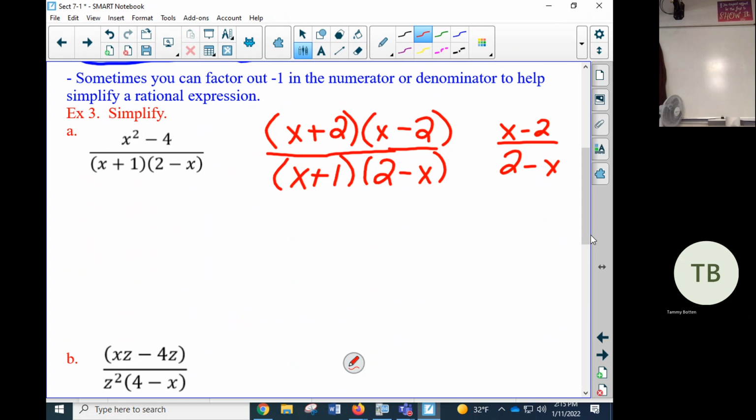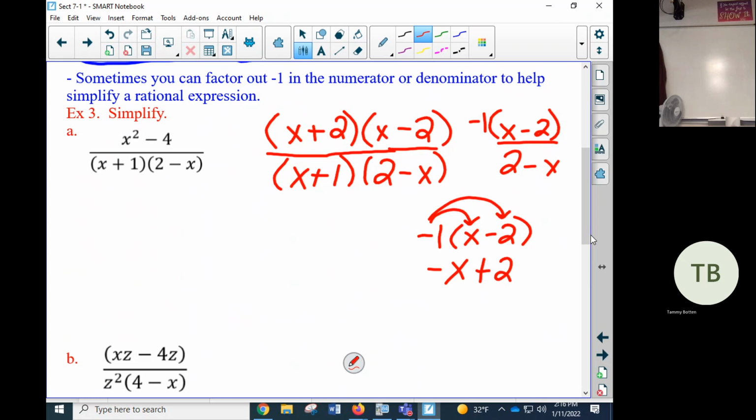However, if you multiply one of them by a -1, then you can cross these out. The reason is, if you do -1 times x minus 2 and you distribute that, you would get -x, and then -1 times a -2 is +2.